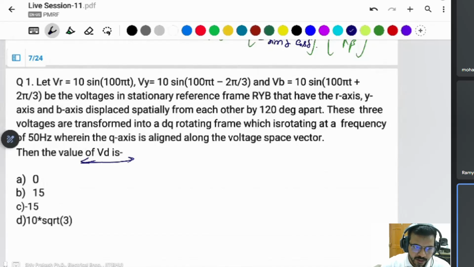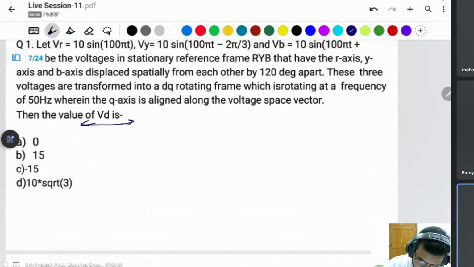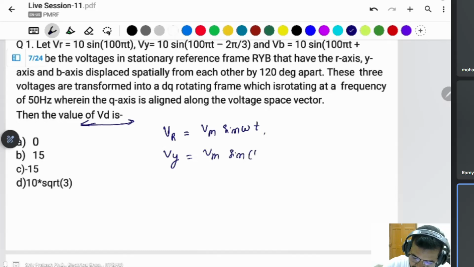First calculate the voltage. I have simply written the voltages. VR is equal to Vm sin omega t, simple sin omega t I have taken. Vy is Vm sin (omega t minus 2 pi by 3), and Vb is Vm sin (omega t plus 2 pi by 3).